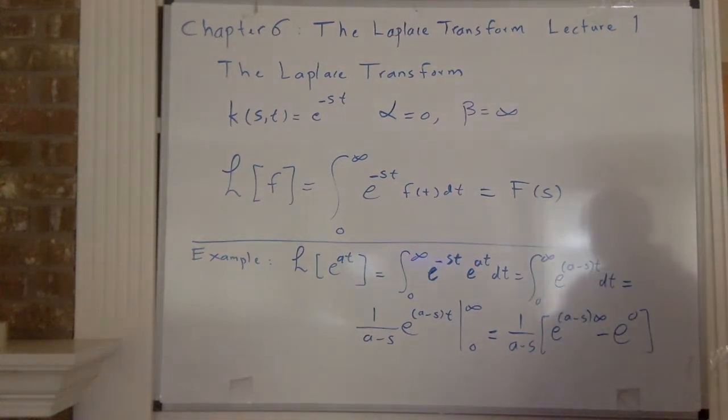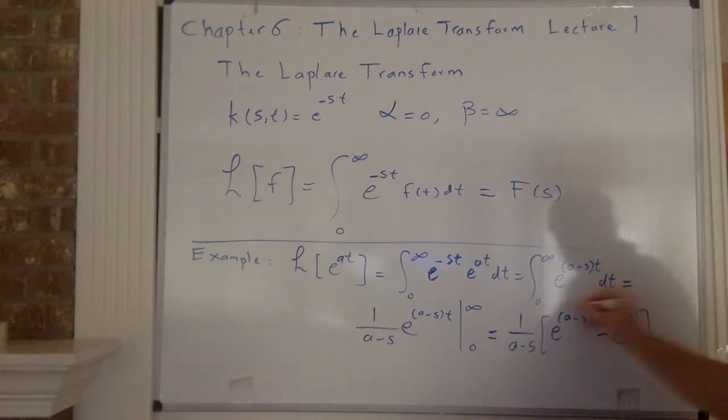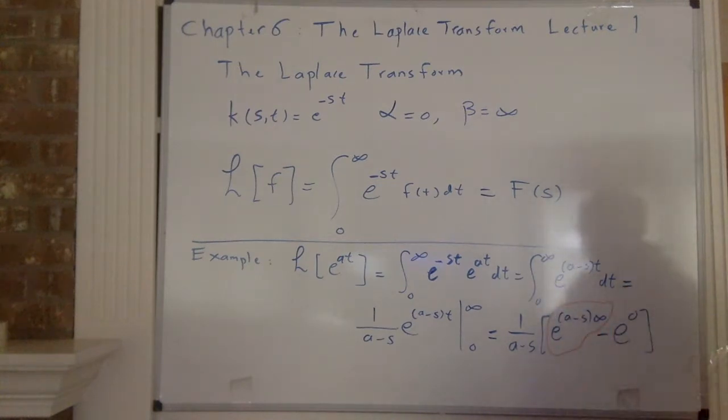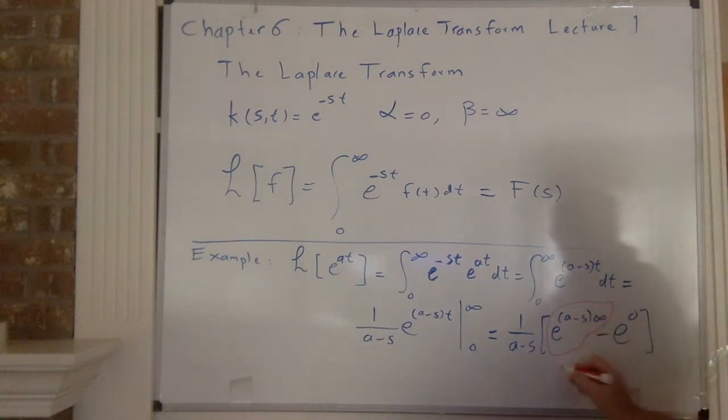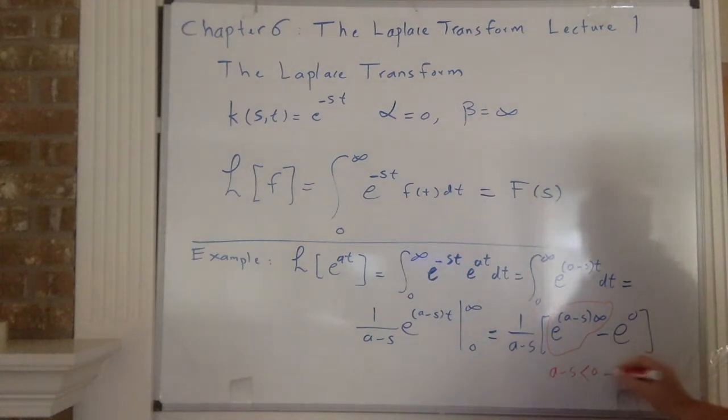Okay, so let's look at this one. If a minus s is negative, then it's e to power negative infinity, and that's 0. I need this to be 0. Otherwise, it's infinity, so I have found nothing. So how could this be? This a minus s should be less than 0, so this means that s should be bigger than a.